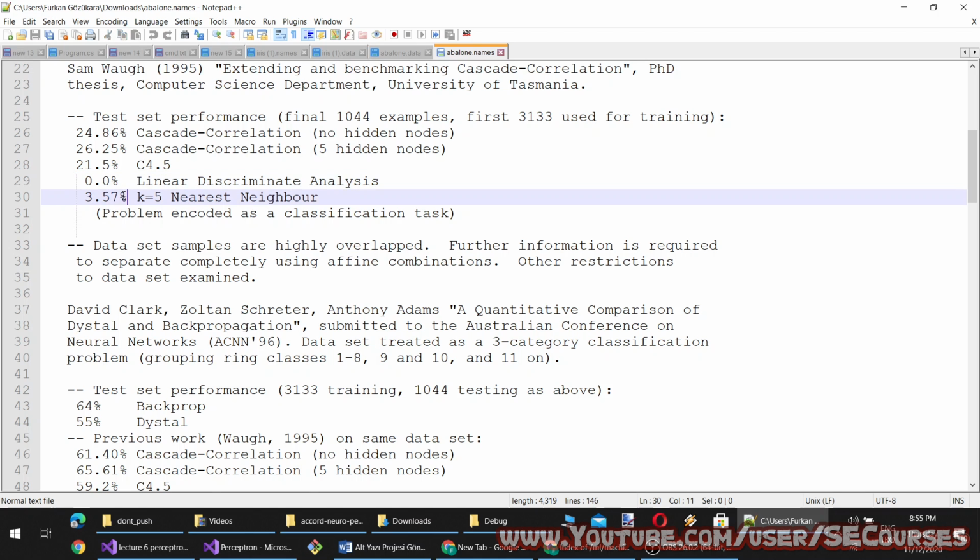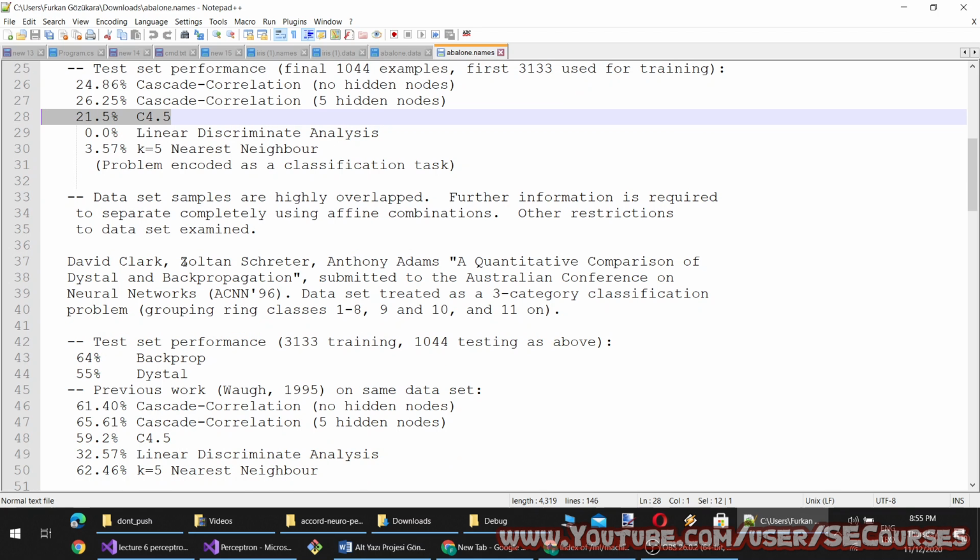With KNN, it achieves, you see, a 3.57 error rate, which is extremely good. Probably this is over 96%. And with C4.5, this is a decision tree algorithm, they have obtained about 79%, 80%.